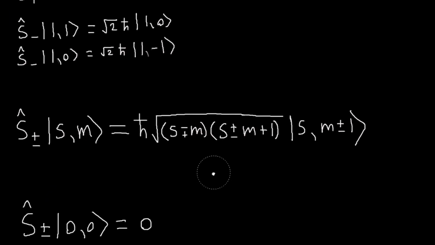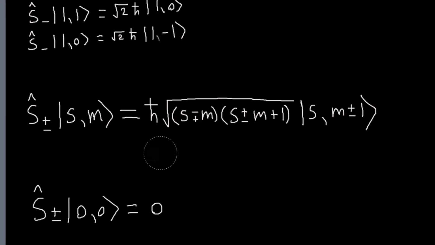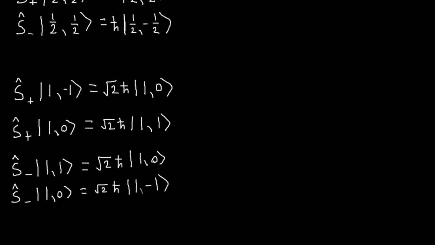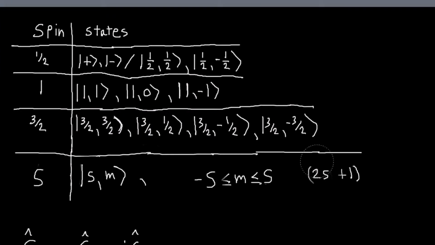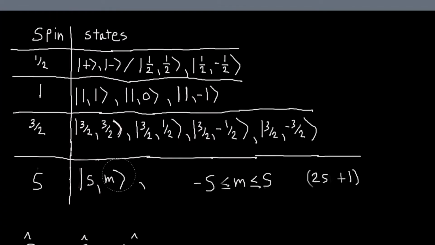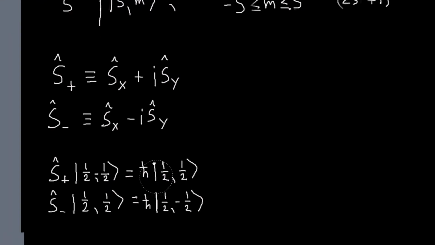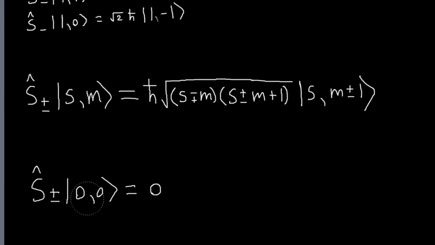And another thing is that all of this will also apply to a spin 0 system. So if we go up here and look at this general expression, if we take s equals 0, that tells us we will have 2 times 0 is 0, plus 1, so we have one state, and the m value should just be 0 because it has no angular momentum. So it tells us we should have just one state.